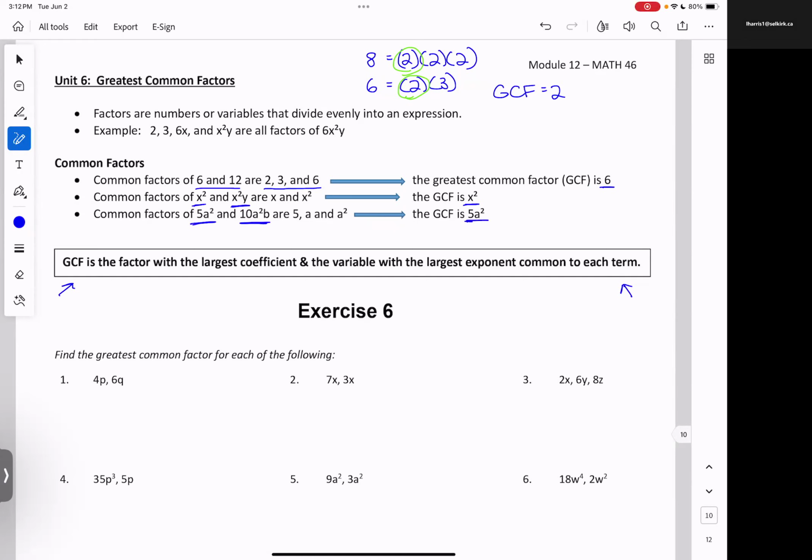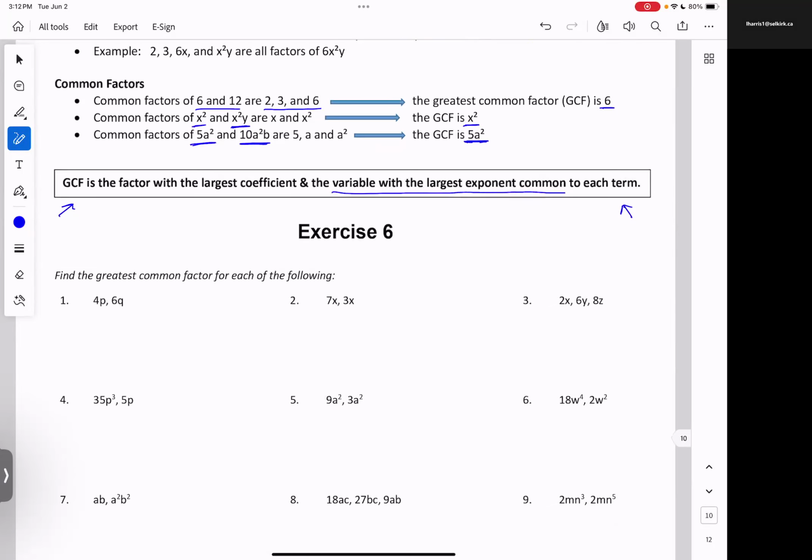So that would be a squared. So here we have 5a squared. So you want to think about the greatest common factor of the numbers and then the greatest common factor of the variables. Okay, remember the variable with the largest exponent that's in common is going to be the variable part of your greatest common factor.